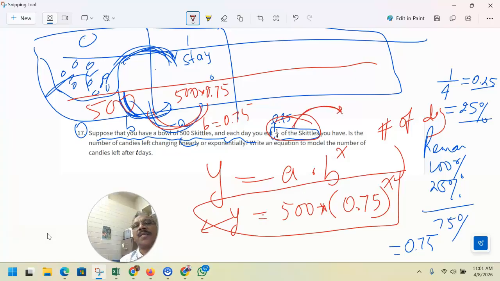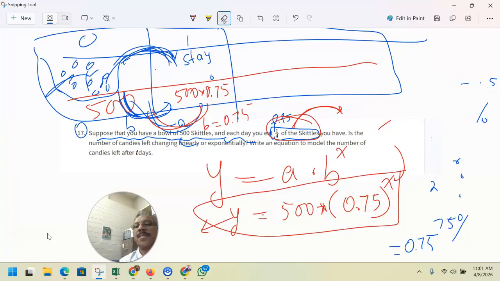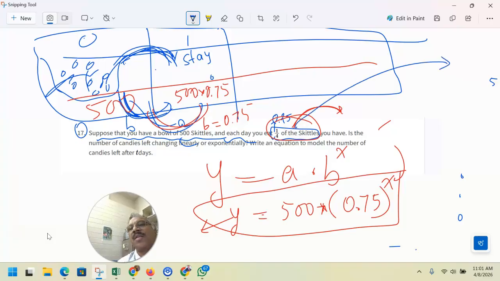If you get confused with this, I can show another way. When you say one fourth is already eaten up, remember, it is 0.25, right? So b is actually 1 minus r here. So b is 1 minus the percent decrease. So a 25% decrease means you have to subtract 0.25.